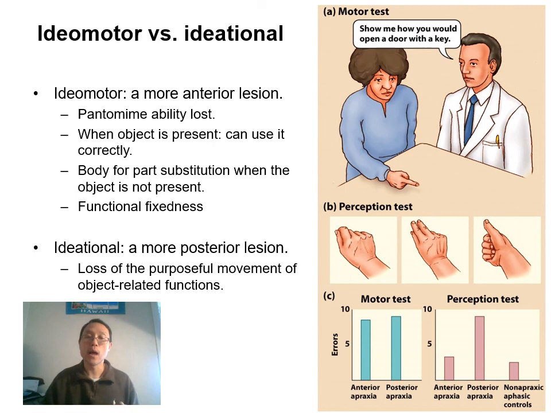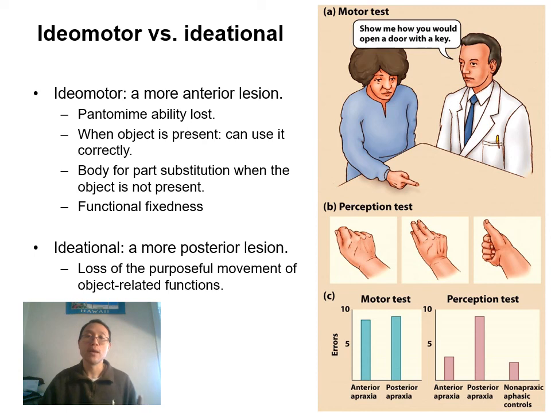Now, on the other hand, if there is a more posterior lesion, then you have something called ideational apraxia. This is basically the loss of purposeful movement of object-related functions, where the whole concept of the movement is gone.